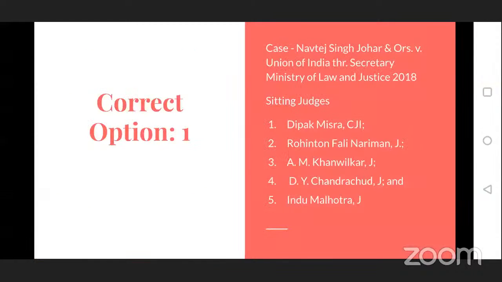So this was a case, I know, Navtej Singh Johar versus Union of India, and there were 5 judges: Deepak Mishra, Justice R.F. Nariman, Justice A.M. Khanwilkar, Dr. D.Y. Chandrachud, and lastly, Justice Indu Malhotra.